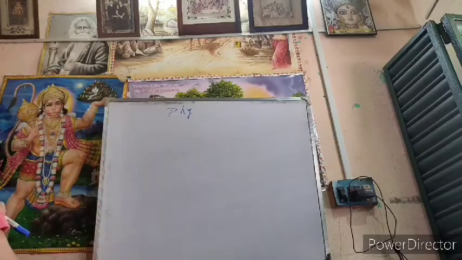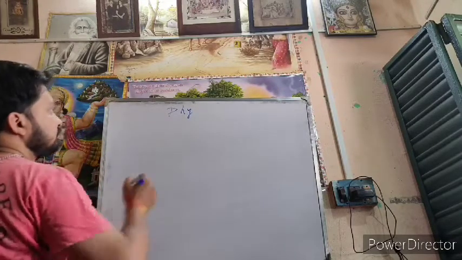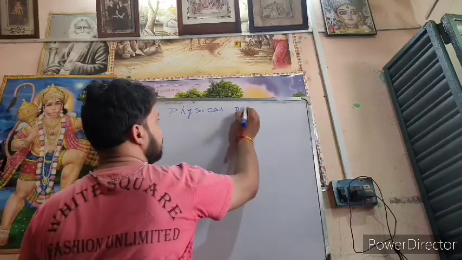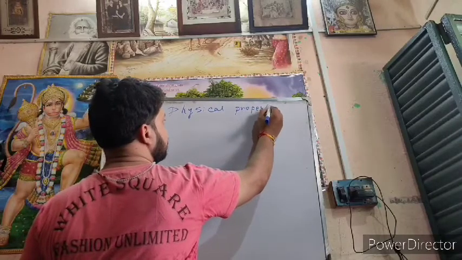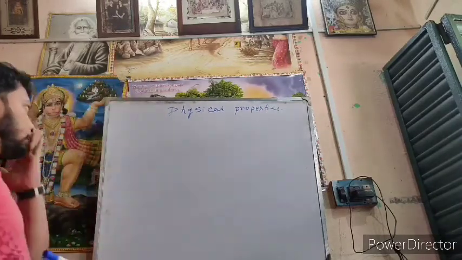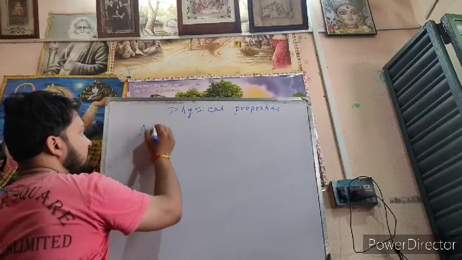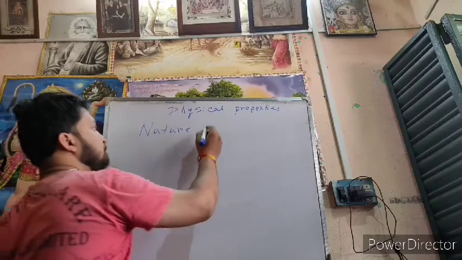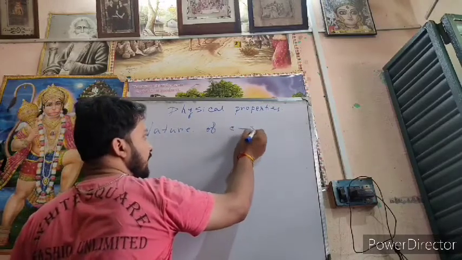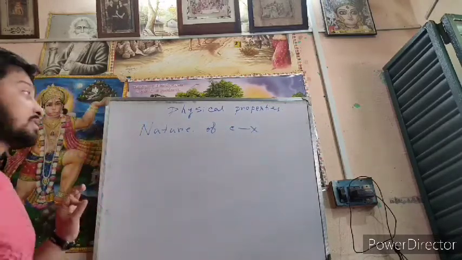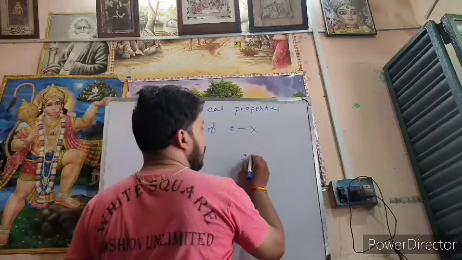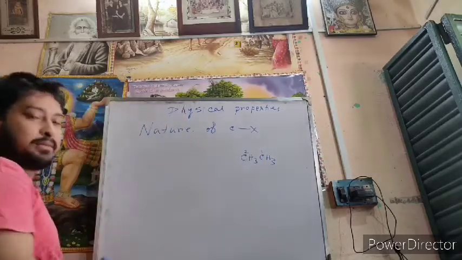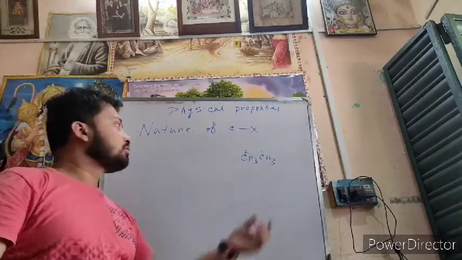First, the nature of the C-X bond. C-X bond means, for example, CH3CH2 is ethane, the bond between them being single.